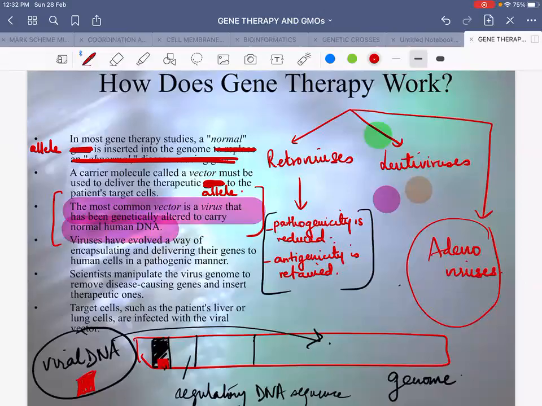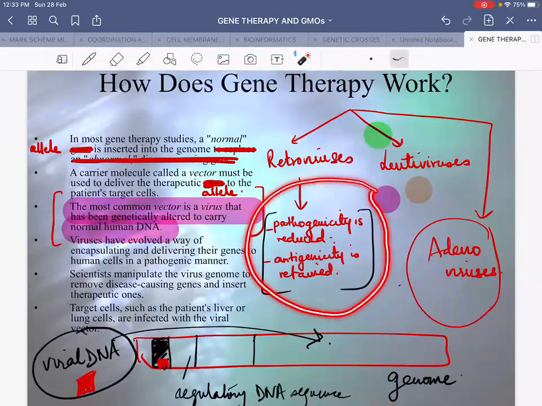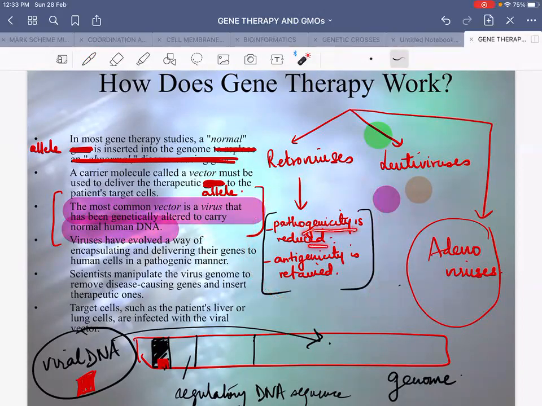Now, as you can see in what I have written over here, while we use viruses as vectors, we always try to treat the virus chemically in such a manner that the pathogenicity of the virus is reduced and the antigenicity is retained, meaning that this virus will behave as a virus.